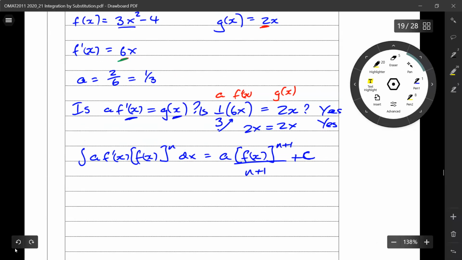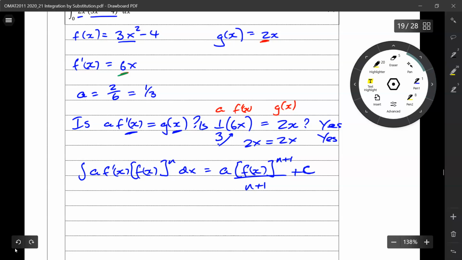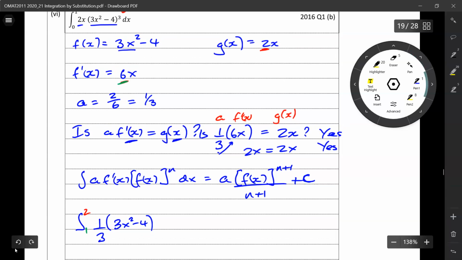I'll do our rule here. So fill this in. The integral from 2 to 1, a is 1/3. f prime of x is 3x squared minus 4. The function itself is 3x squared minus 4, and our power is 3.